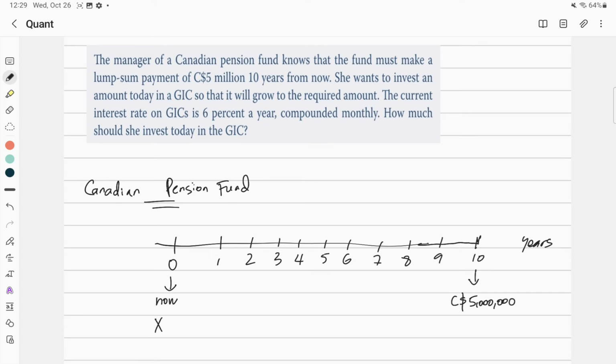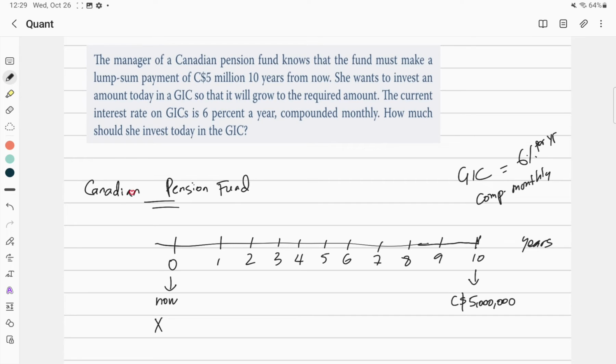Now, the current interest rate on this investment, a GIC, is 6% per year, compounded monthly. And how many months are in a year? 12, right?